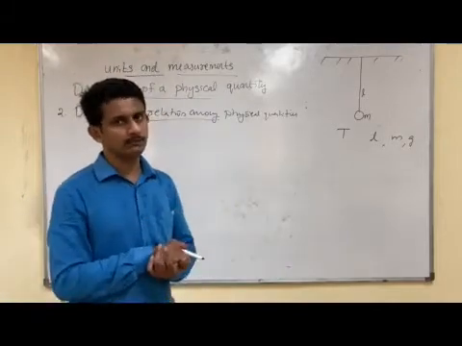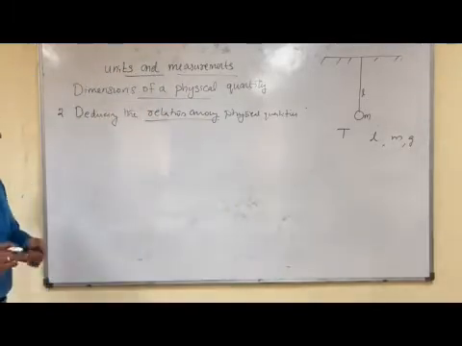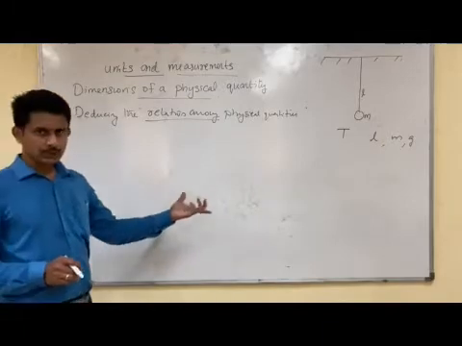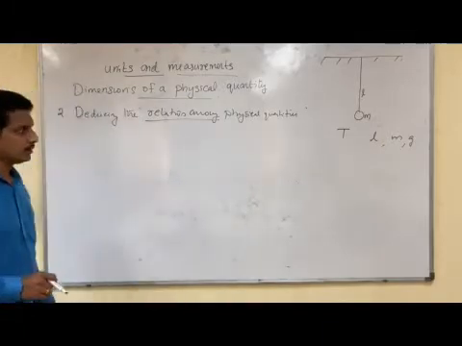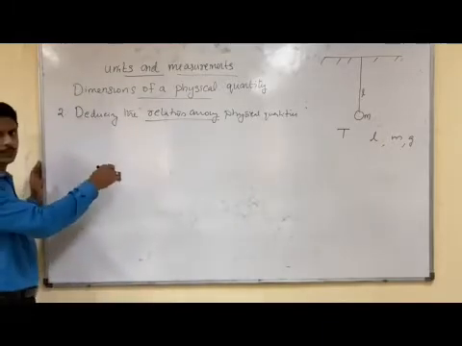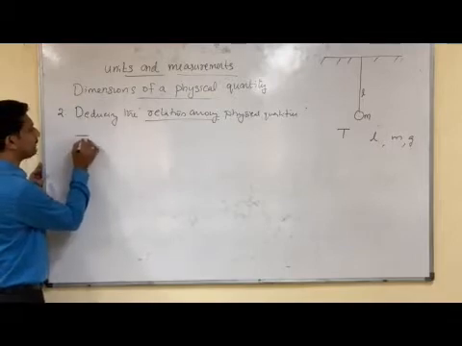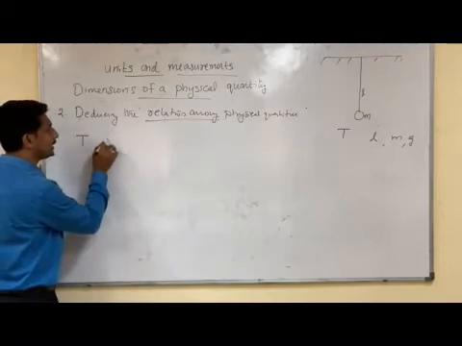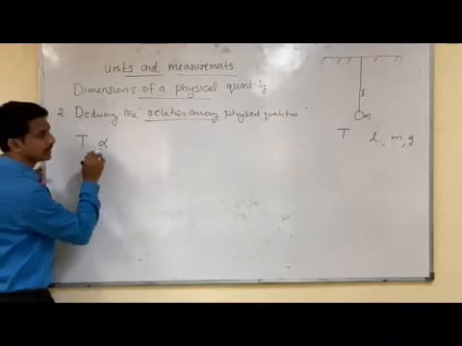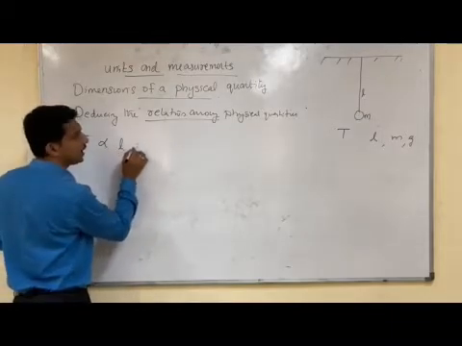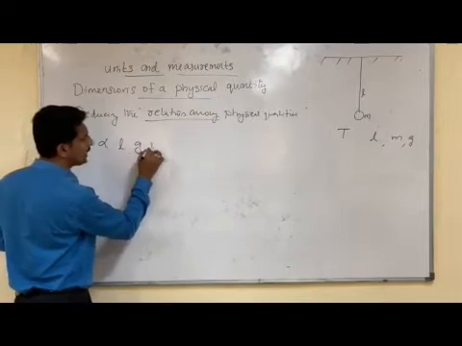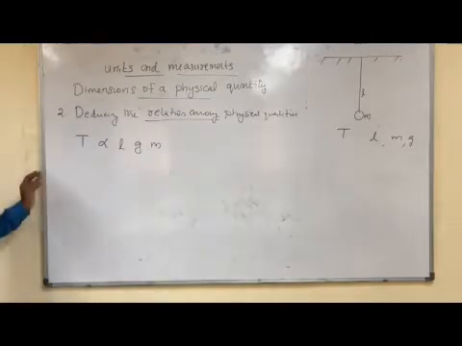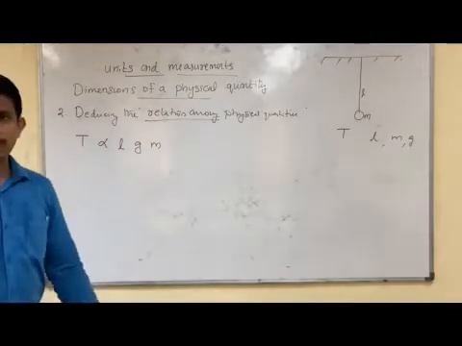To derive this equation there is a systematic method. The time period depends on these three factors, so the time period is proportional to length, acceleration due to gravity g, and mass of the pendulum.